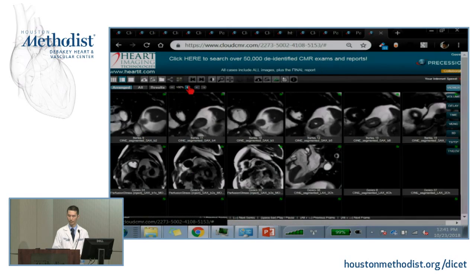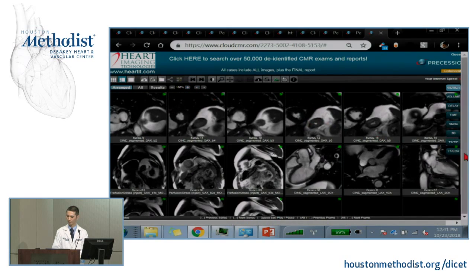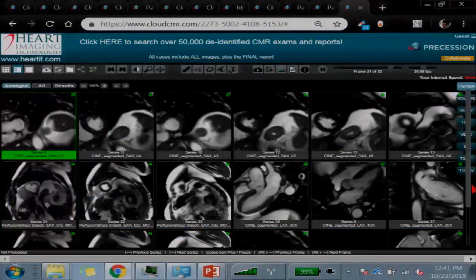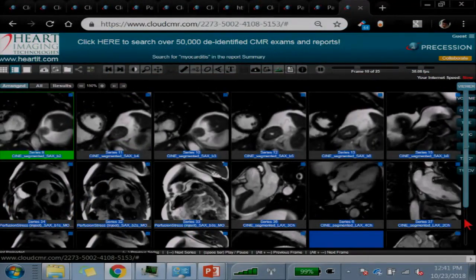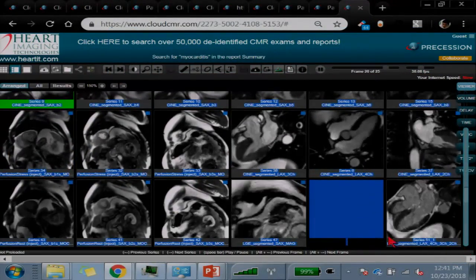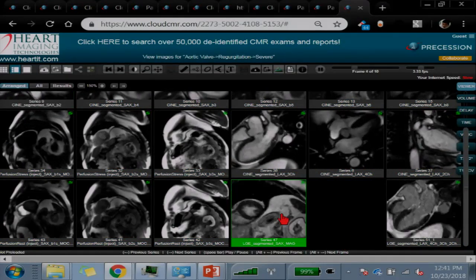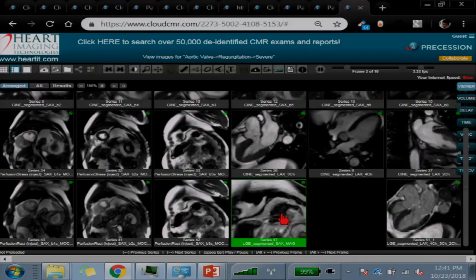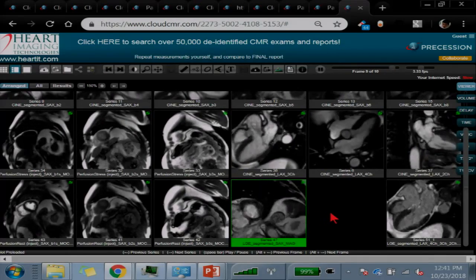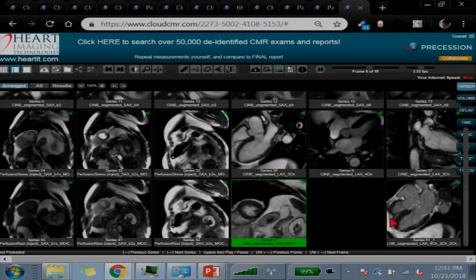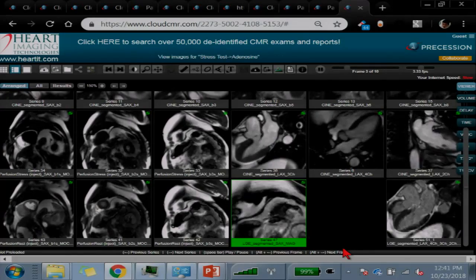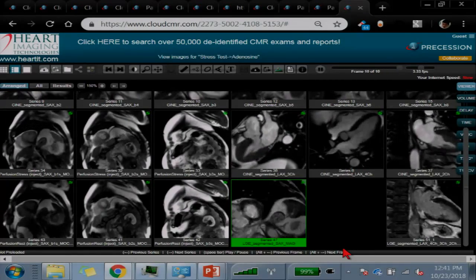Let me blow this up. And in this case, this is the delayed enhancement over here. And not the most convincing in terms of scar, yes?